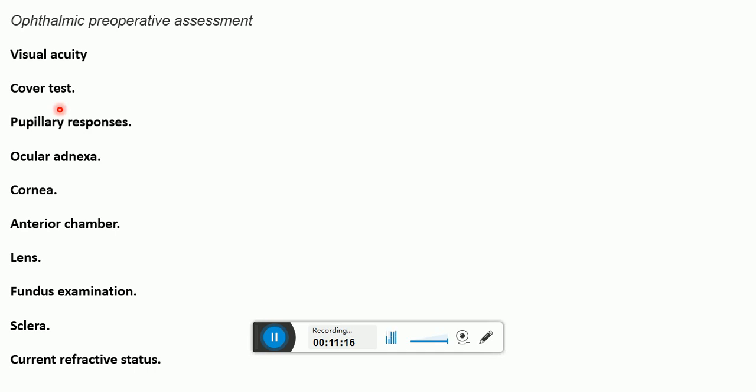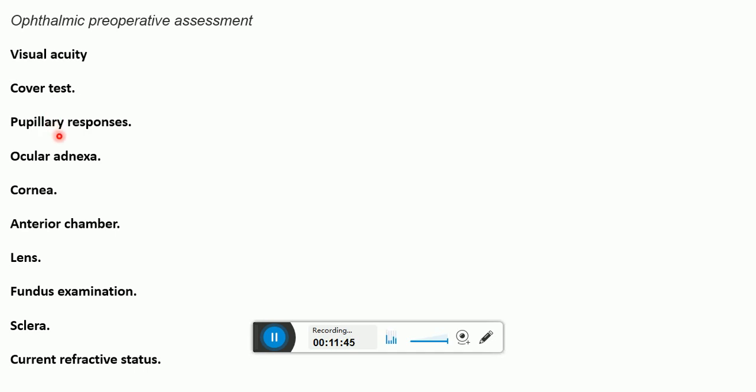A squint, usually a divergence, may develop in an eye with poor vision due to cataract, and lens surgery alone may straighten the eye.